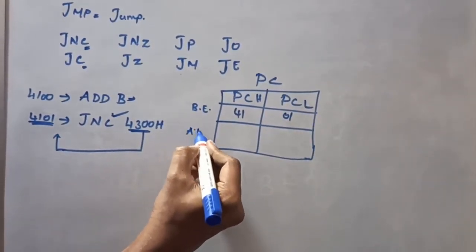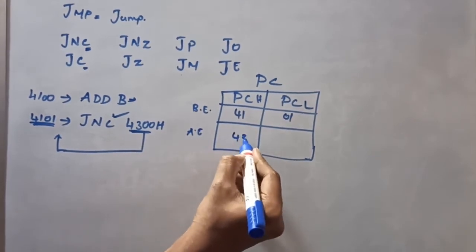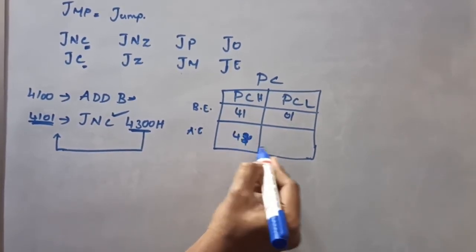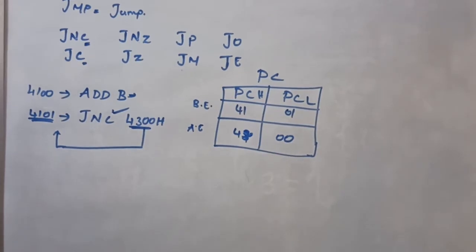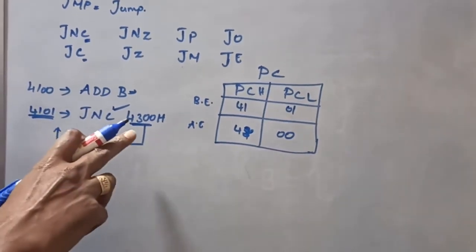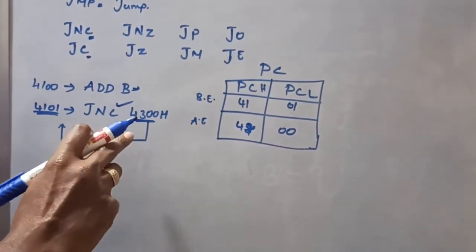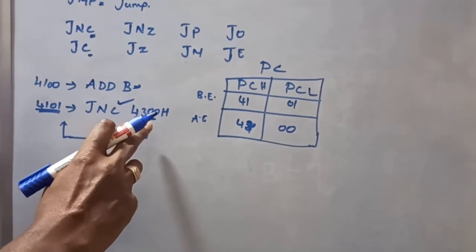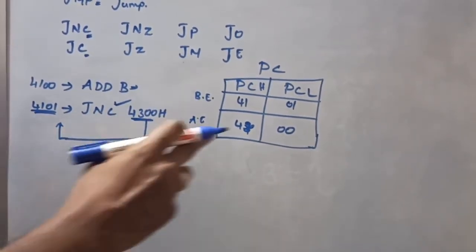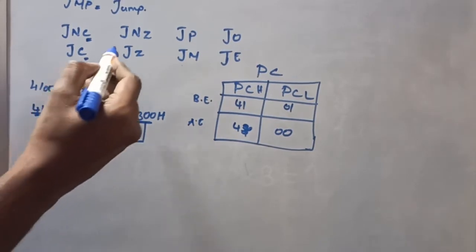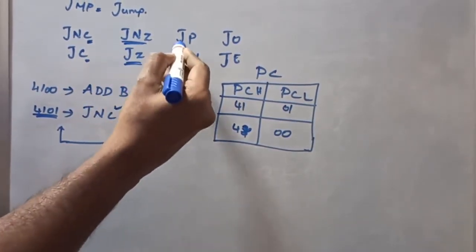So after execution, the higher order address is 43 and the lower order address is 00. The specified location 4300 is passed to the program counter. Likewise you can check all the instructions.